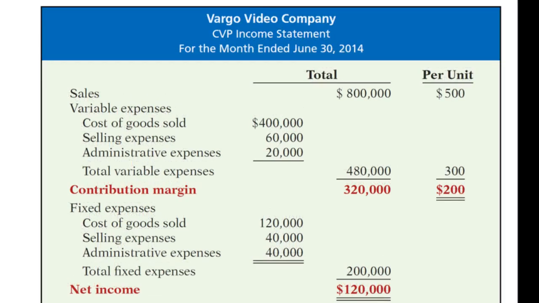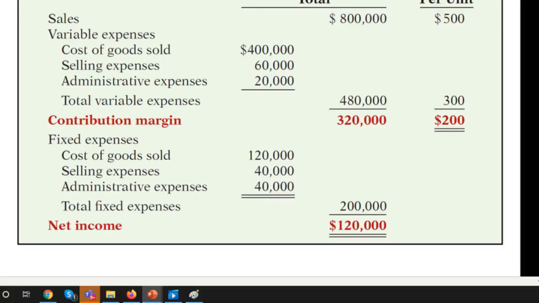I take the sales minus the variable costs, and I have a new line called the contribution margin. Now that contribution margin is the sales minus variable costs, or the excess of sales after I cover my variable costs. Now that's not profit, because I now have to cover my fixed costs. So I have a contribution margin of $320,000 that contributes to covering my fixed costs. Once I cover my fixed $200,000, the rest is profit.